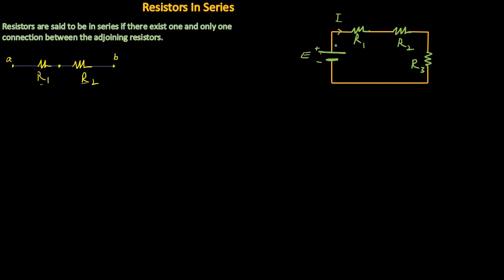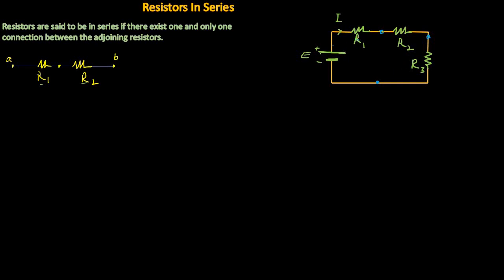The current through the series network is the same at every point. If there is a current I flowing through this voltage source, then the same current would be through this point, and the same current is flowing from this point. So for a series combination, the current is the same at every point in the circuit.